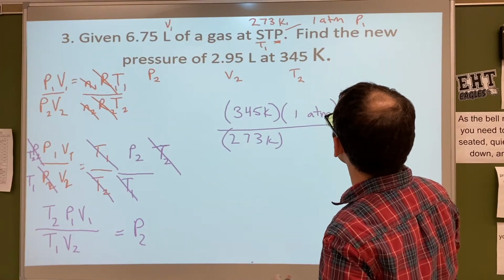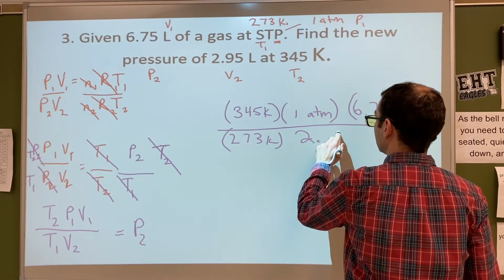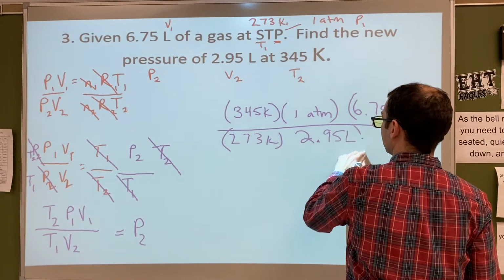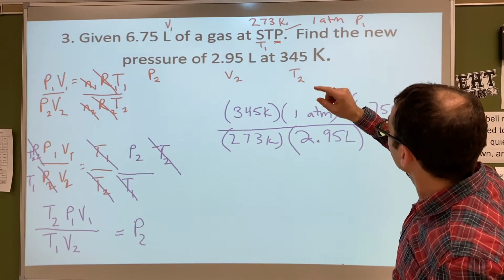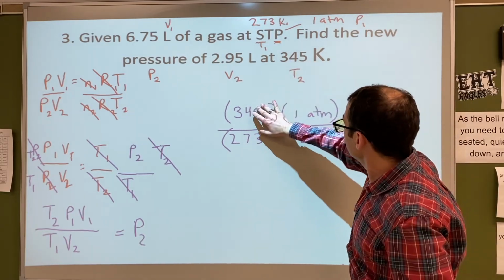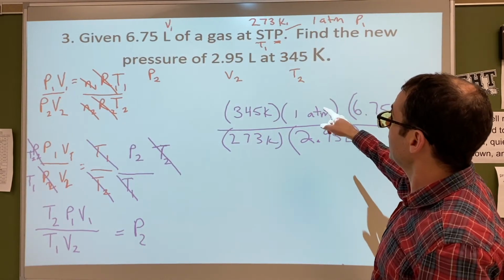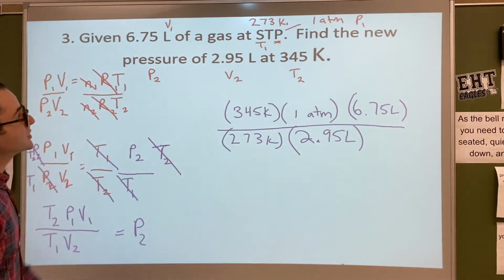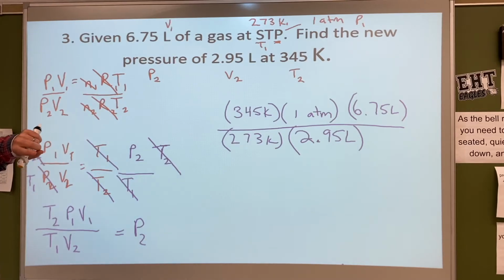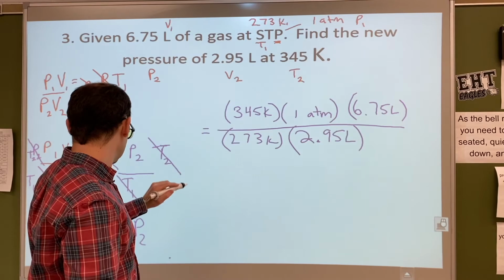And V2 is 2.95. Okay, so T2, I'm just double checking. 345, 1 ATM is P1. V1 is 6.75, good. Temperature 1 is 273. And then the what is that? Volume 2, 2.95. All right, cool. So this is going to equal P2.